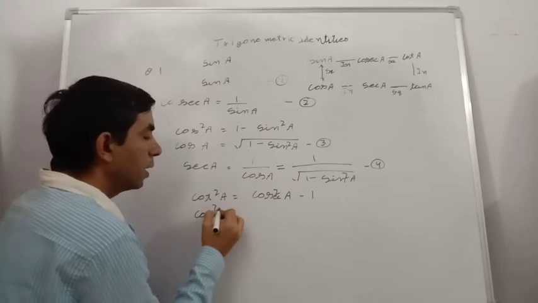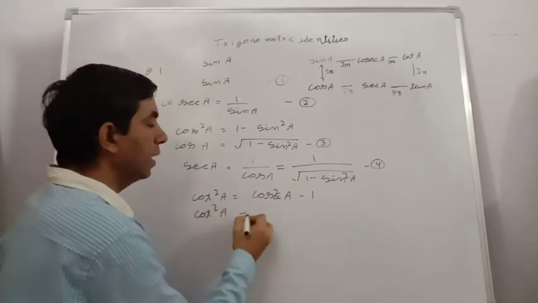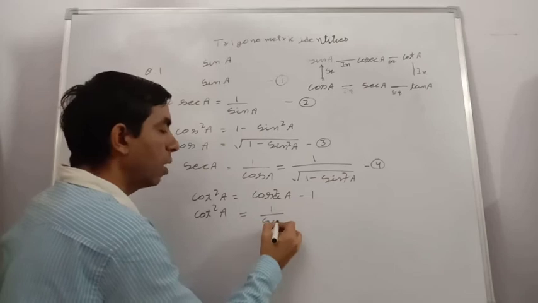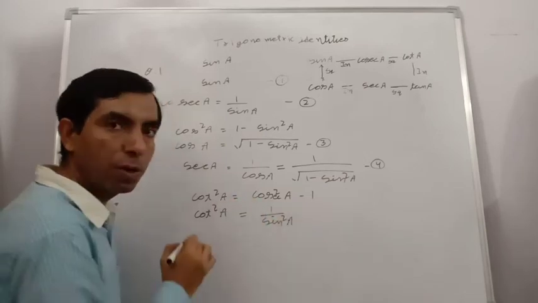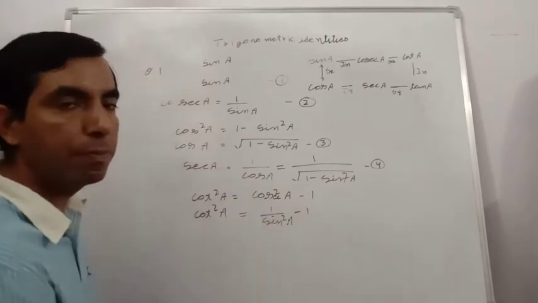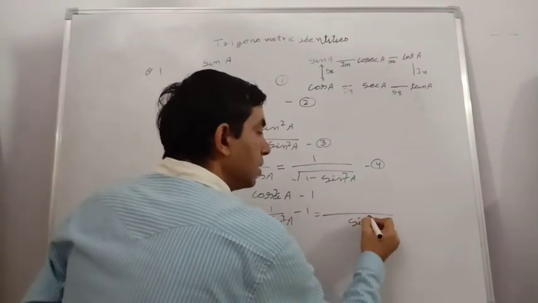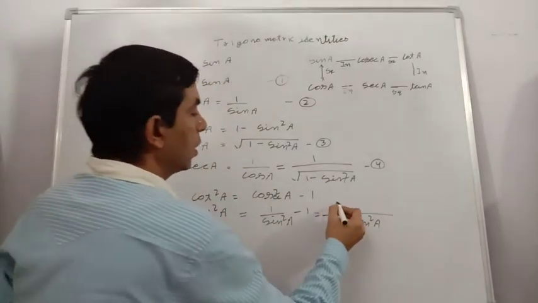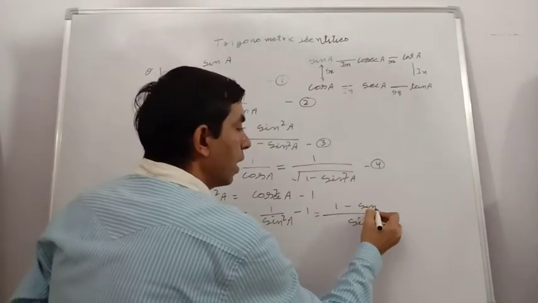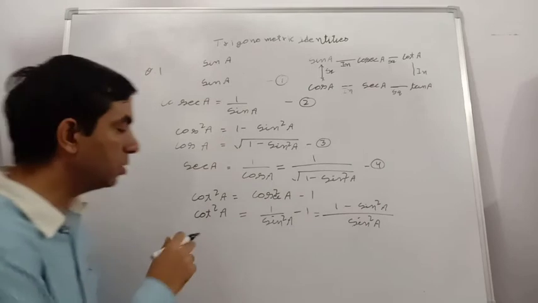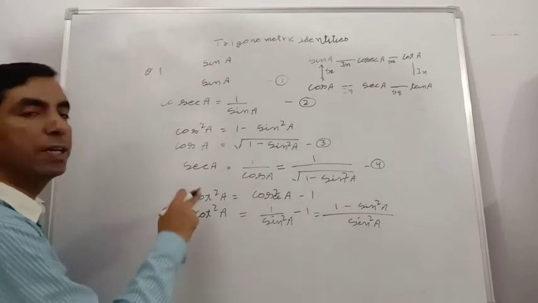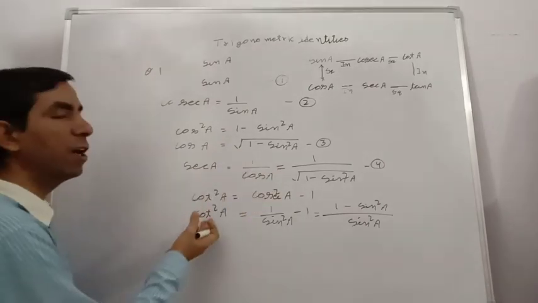Cosec square A is equal to 1 upon sine square A. So cot square A is 1 upon sine square A minus 1, take LCM. Sine square A is the LCM. Then in the numerator, 1 minus sine square A. It is our answer.